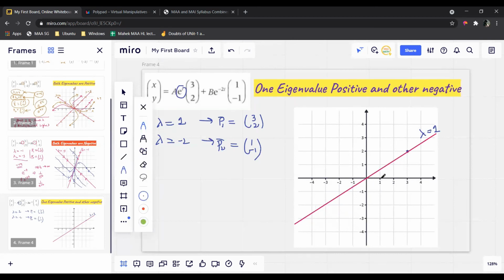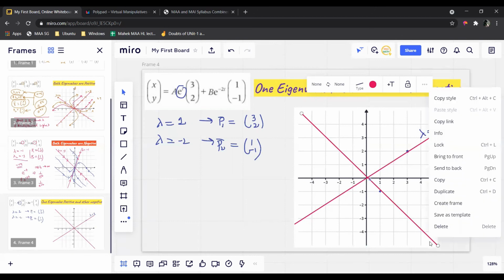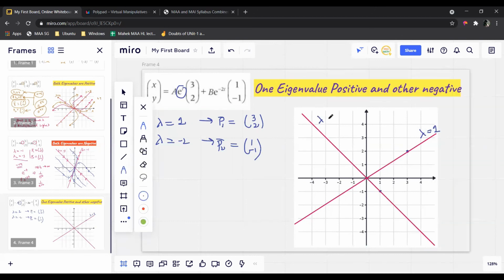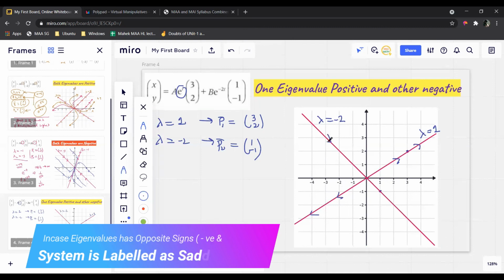So 1 is here, -1 is here. So the point, and let us draw the line. Okay. It's approximately drawn properly. Labeled again as lambda -2. So we all know that positive values mean solutions go outside. Negative means solutions come inside.